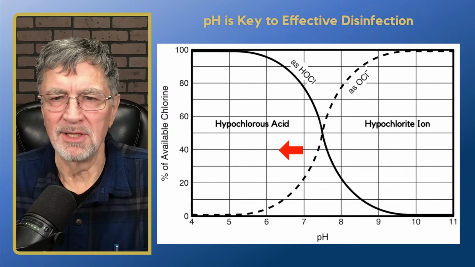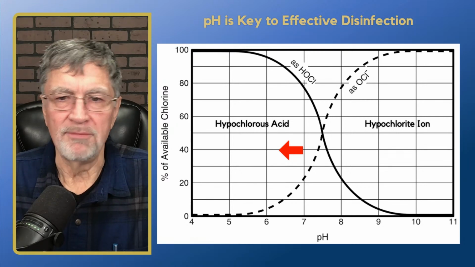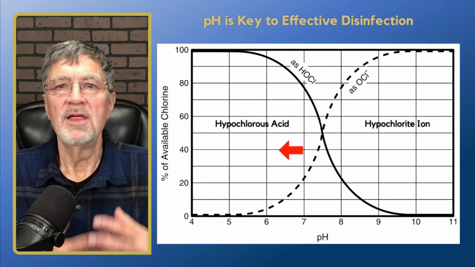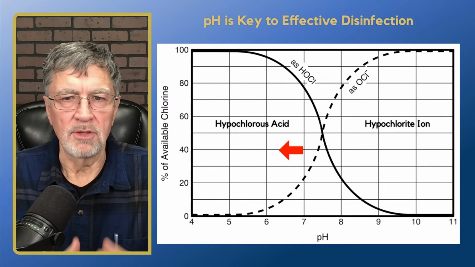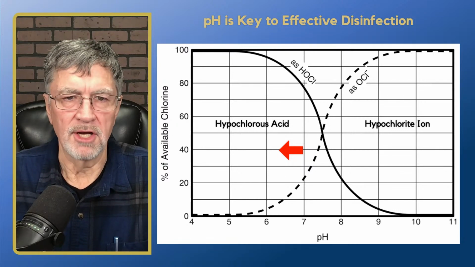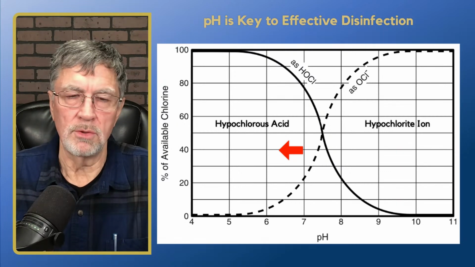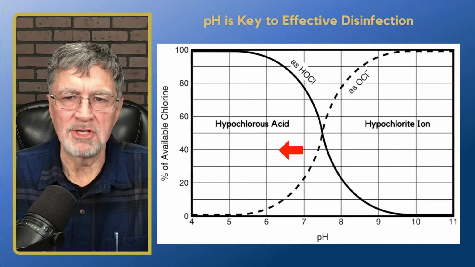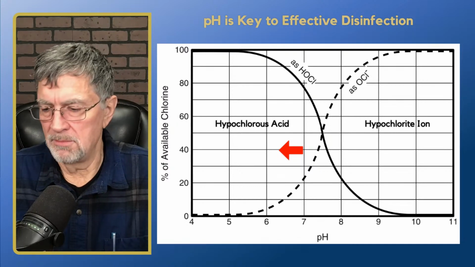I generally like to keep it at least below 7, but if you can get in that pH range of 6 and maintain it there, that's going to give you your most effective disinfection, your biggest bang for your buck. So I can't stress it enough: monitor pH during your disinfection process.